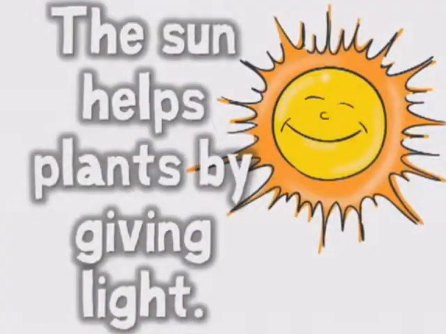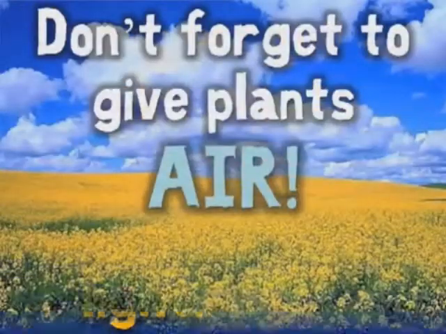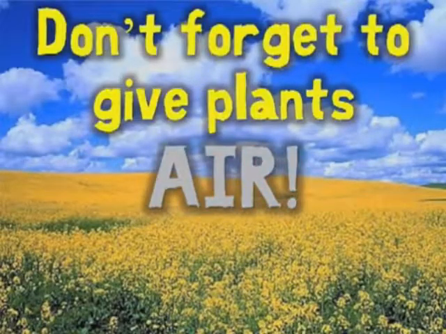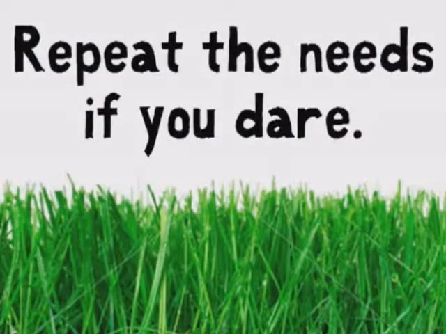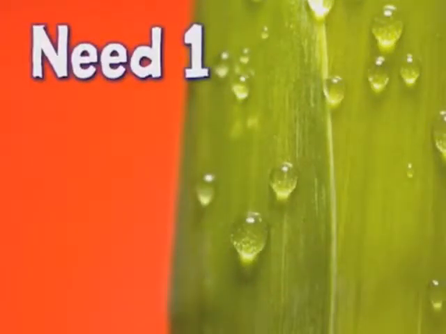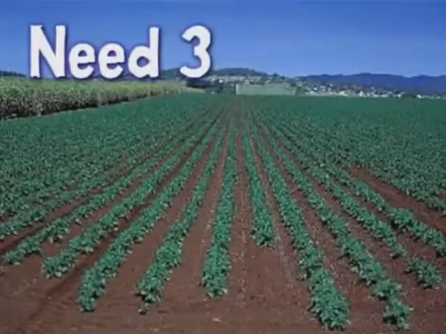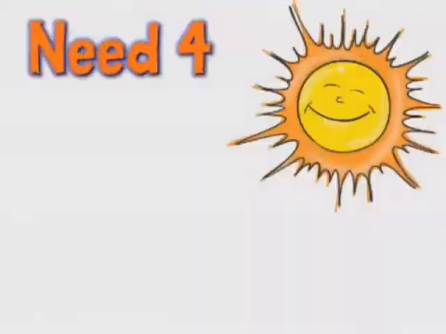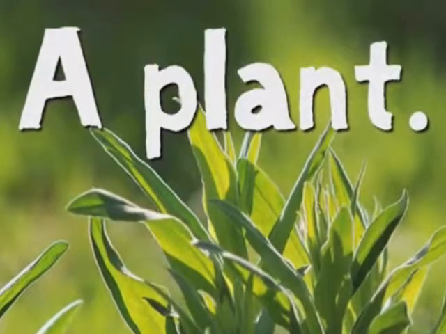The sun helps plants by giving life. Don't forget to give plants air. Repeat the needs if you dare. Need one, water. Need two, soil. Need three, space. Need four, light. Need five, air. A plant.